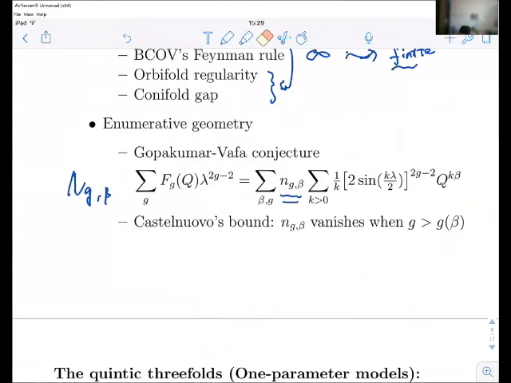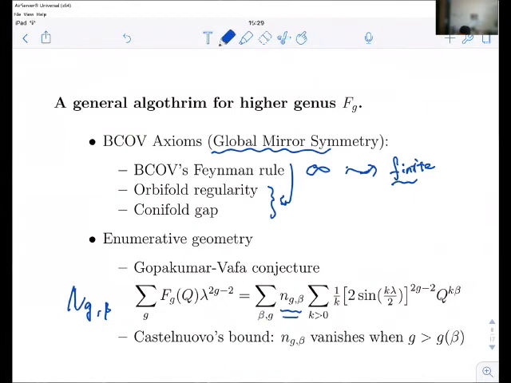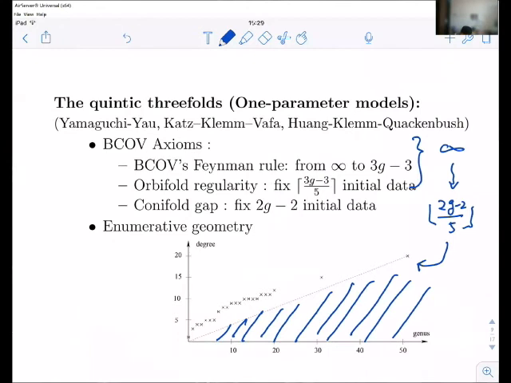Let's see. So here the bound says that for a fixed degree, the invariants vanish for genus larger than some value. So then for each genus there will be a largest degree, right? And then this largest degree will give you some bound here, and this bound will give you constraints that just solve this shadow part which you don't know.